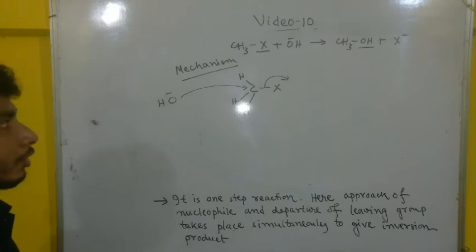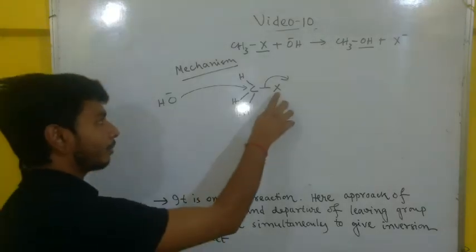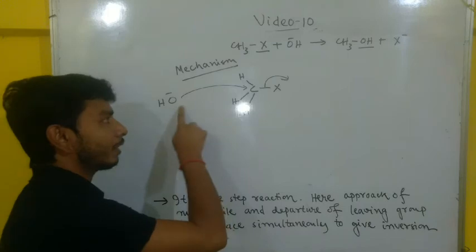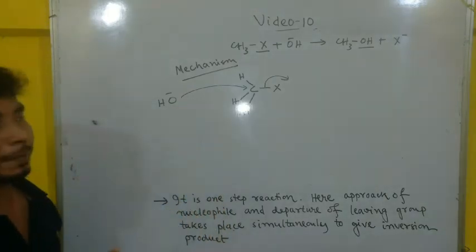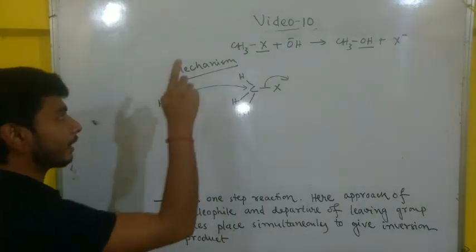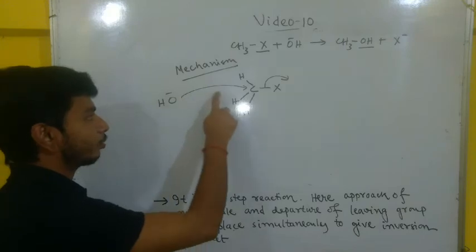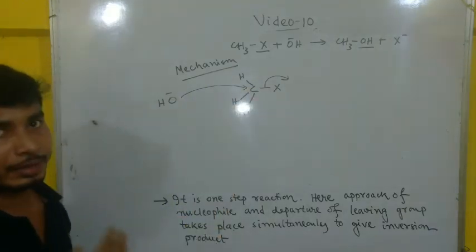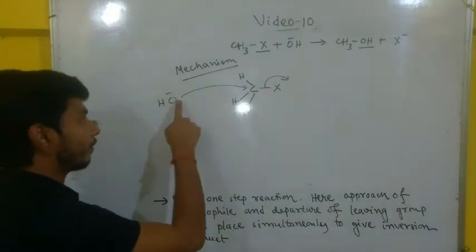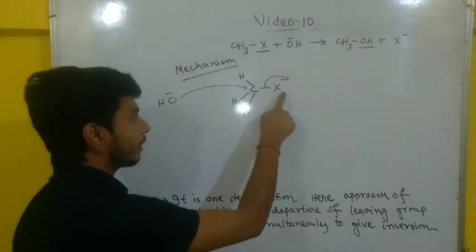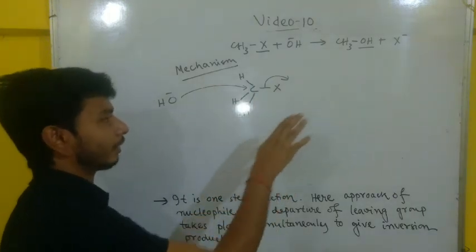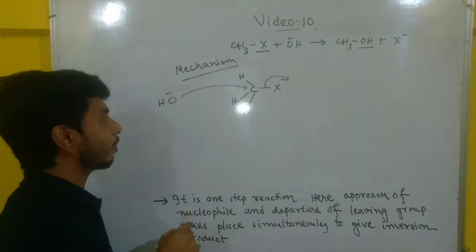In SN1 reaction, the removal of the leaving group and approaching of the nucleophile take place separately. But in SN2 reaction, these two processes are taking place at a time. So nucleophile is approaching and this leaving group is removing. Now here one point is important.